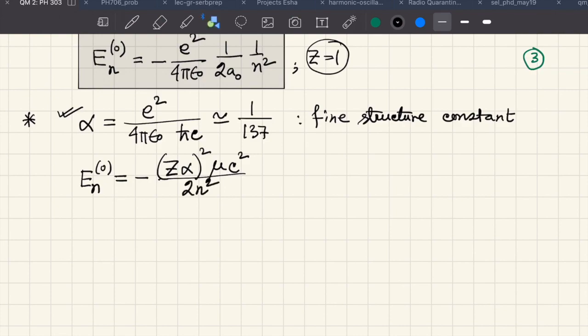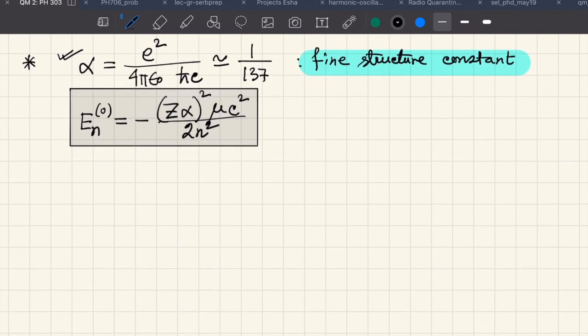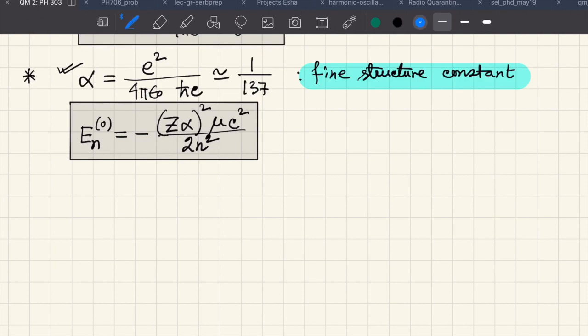So this is again the same energy we have written by defining another constant which we have termed as the fine structure constant. This is also a very important quantity which we will see now. Now you notice something peculiar in this expression.